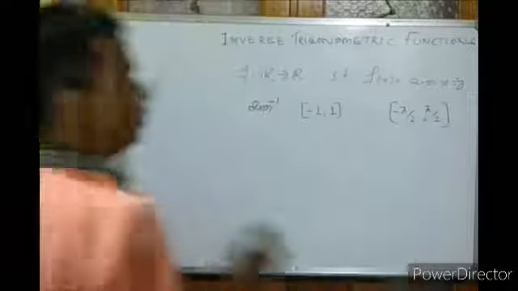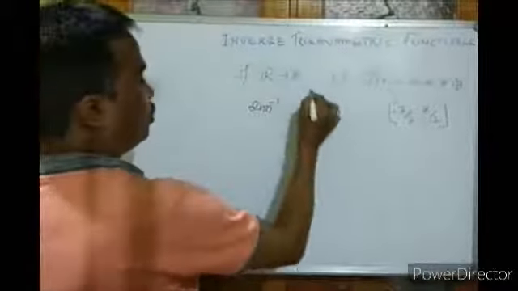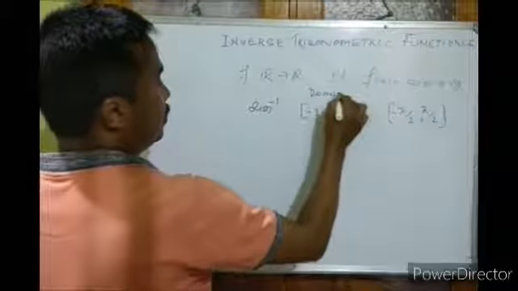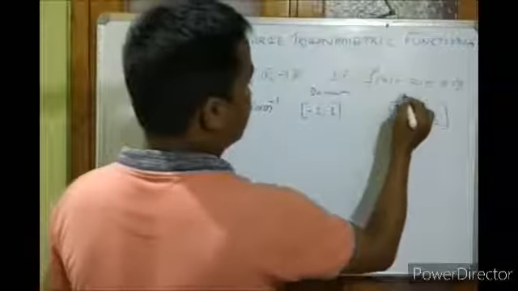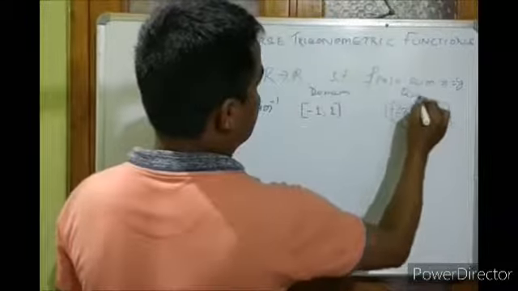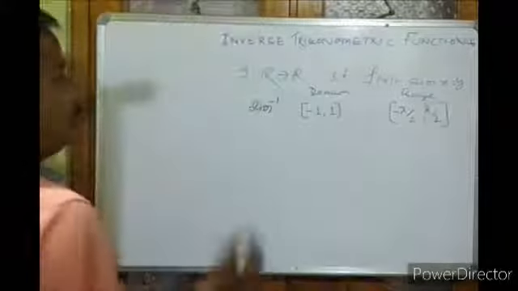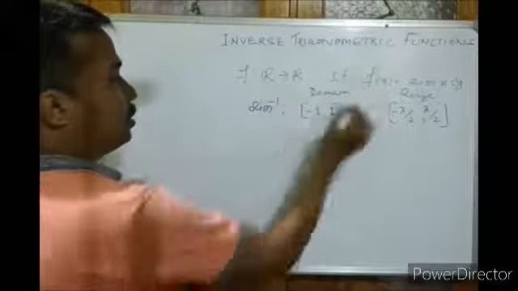This is the principal value branch. So this is its domain and this is its range.